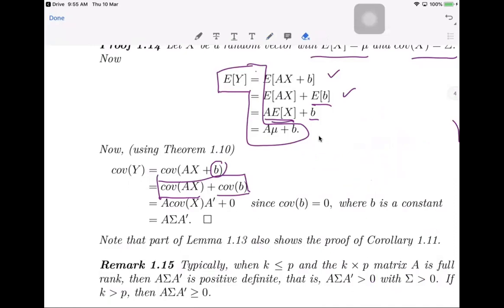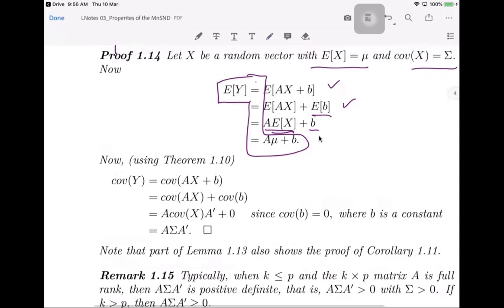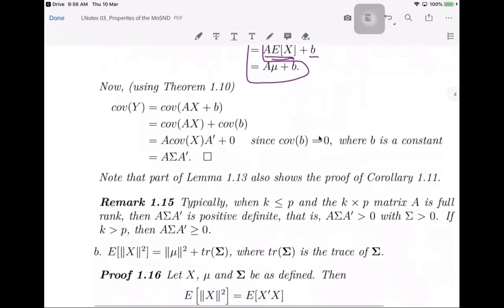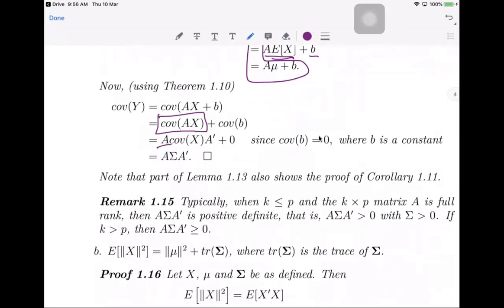But if there are two random variables, it is no longer true, unless there are conditions. Else, you have to find the cross products of the covariances. Anyway, you will see results on that later. And here, this is equal to this by the previous theorem, and the covariance of a constant is just 0. So we have this result.